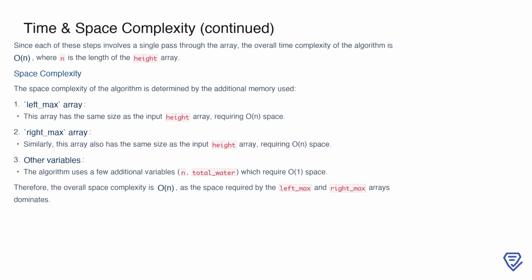Both of these arrays are the same size as the input height array, meaning they each require O(n) space. Additionally, the algorithm uses a few extra variables, such as n for the size of the input and total_water for keeping track of the result. These variables take constant space, or O(1). Since the space required by the left_max and right_max arrays dominates, the overall space complexity is O(n).